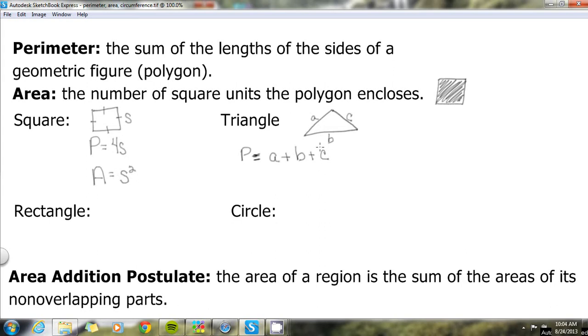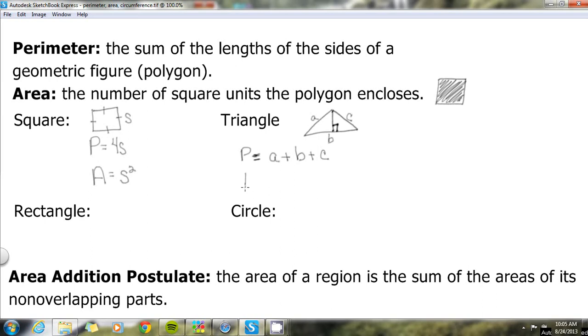Now, to find the area, though, we need to know some additional information. We need to know the height of the triangle. Now remember, if we're going to measure height, we're going to stand up straight. We're not going to slant or lean. So our segment has to be straight, which means it will form a right angle with this base, wherever it is.